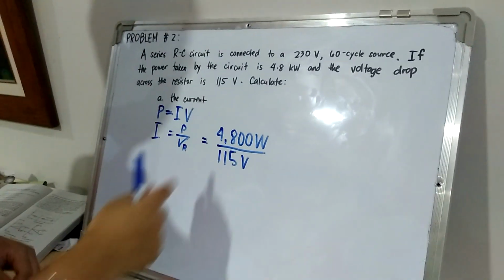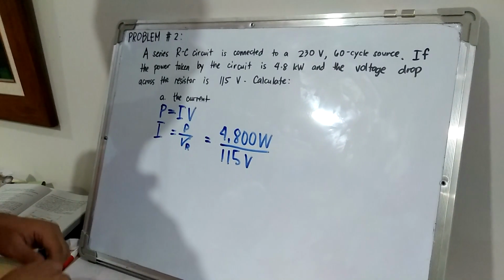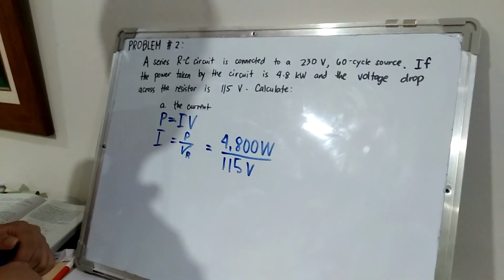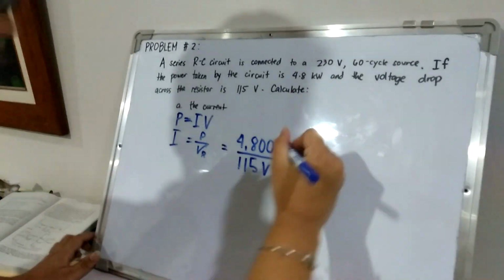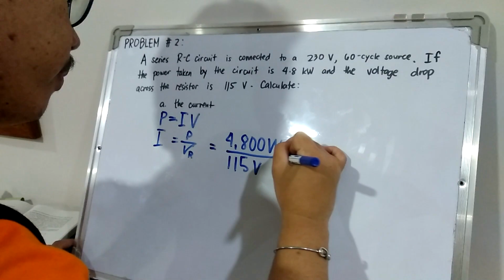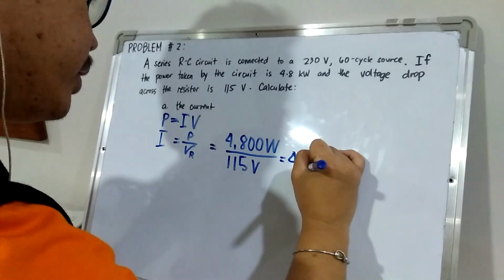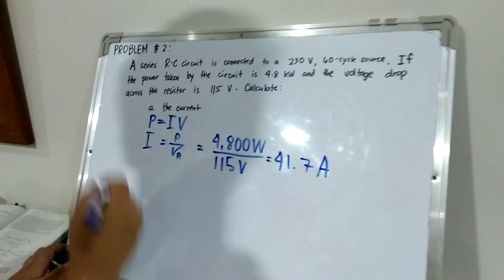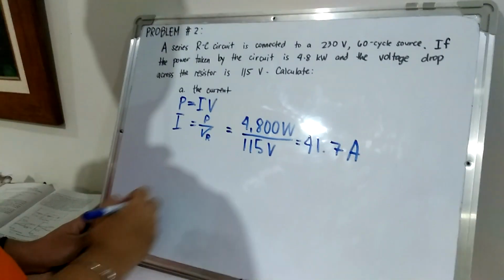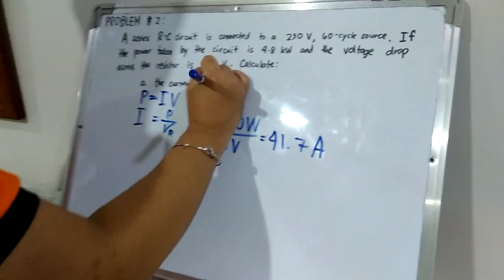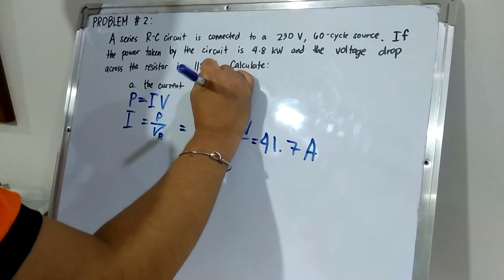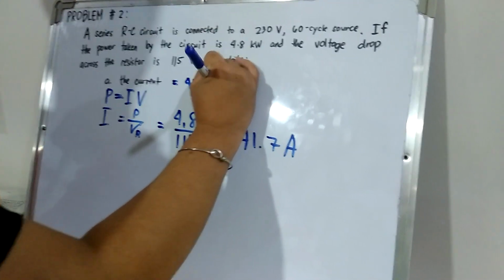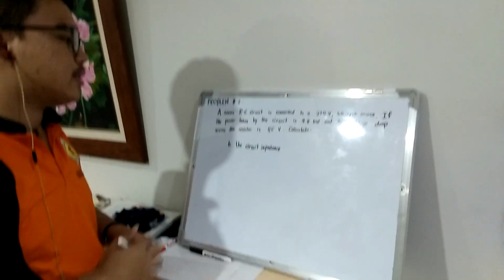So 4,800 over 115 is equal to 41.7 amperes. So A, the current, is equal to 41.7 amperes.